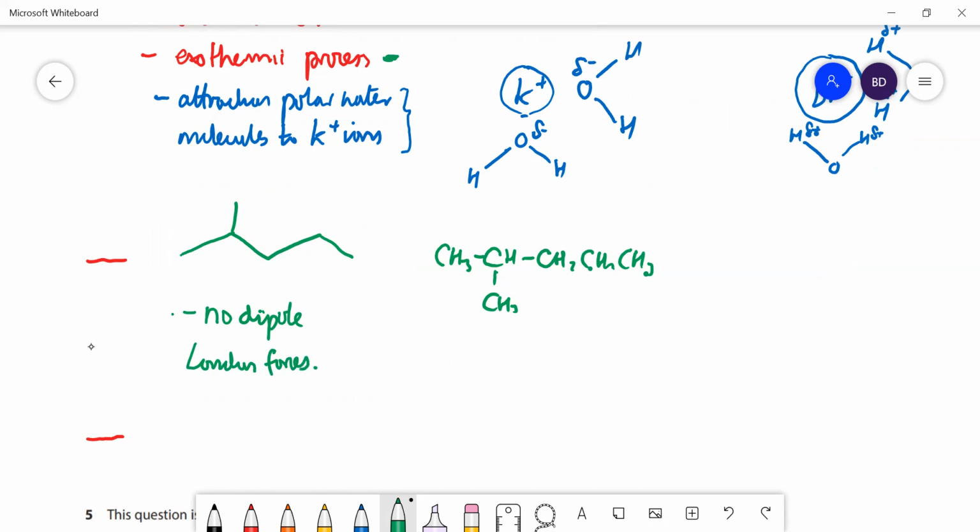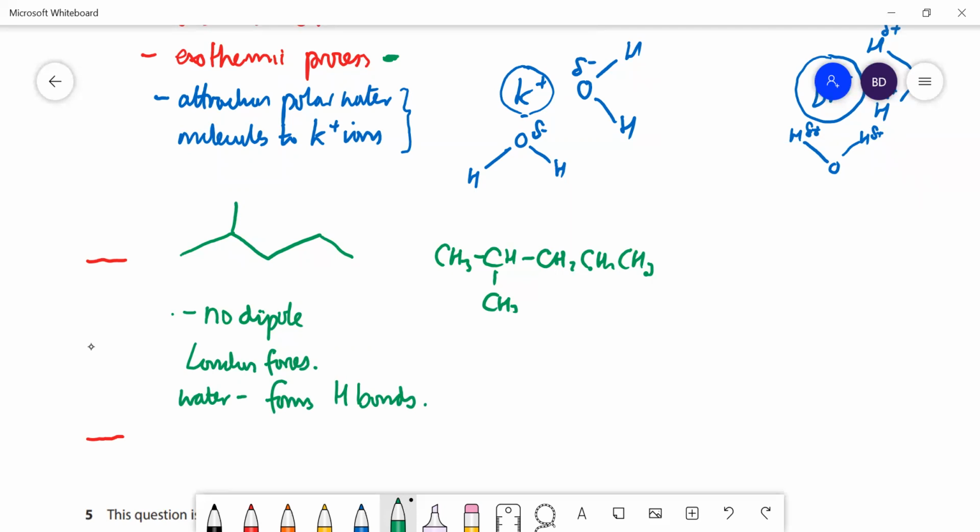So that means it's not good. Methylpentane is not going to be able to interact with water because water is polar and forms mostly hydrogen bonds. If the methylpentane did mix with the water, it would get in between water molecules and break the hydrogen bonds, and that would be unfavorable.